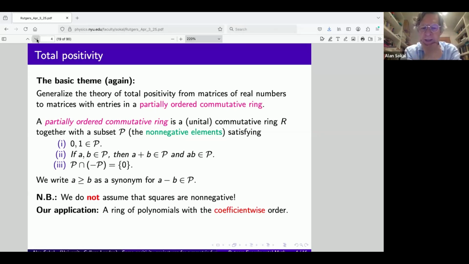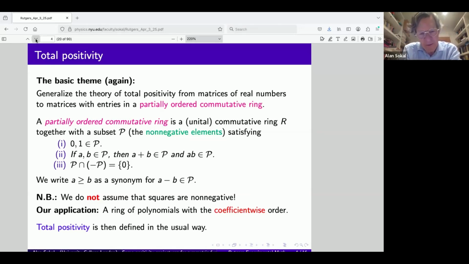That is to say, polynomials with real coefficients where the polynomial is called non-negative in case all the coefficients are non-negative. And then of course, the point is you can define total positivity for matrices with entries in a partially ordered commutative ring exactly the same way that you define it for matrices with real entries.